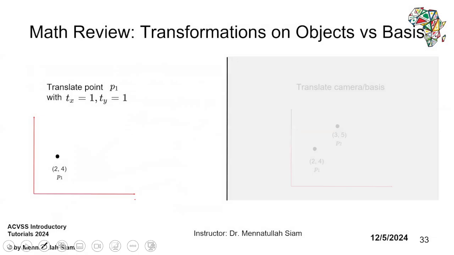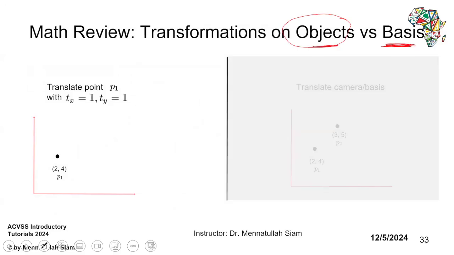But before doing that, we need to understand that there is a difference between doing a transformation on an object versus transforming your coordinate system itself. You can call the basis of your coordinate system the i, j, k. We're going to apply a transformation on the coordinate system itself instead of applying it directly on the object.